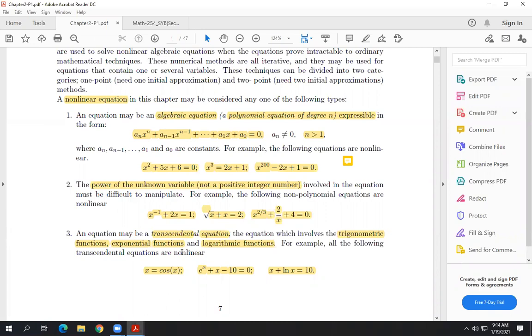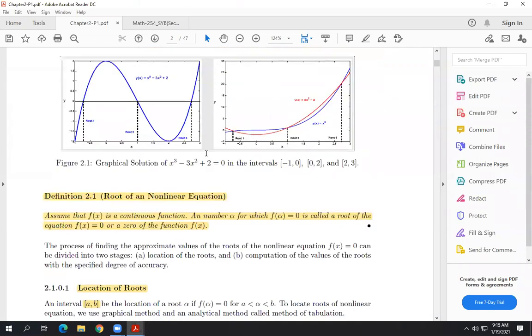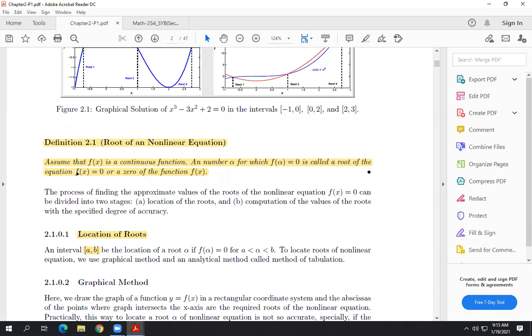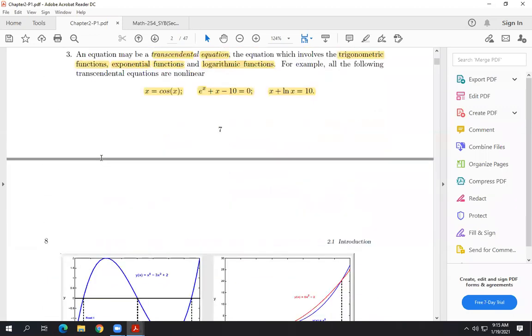So after you have the equation, what is the next thing you have to do in chapter number 2? The important thing, after you know the idea of the nonlinear equation, is that you have to convert your nonlinear equation into the form f of x equals 0. What does f of x equals 0 mean?